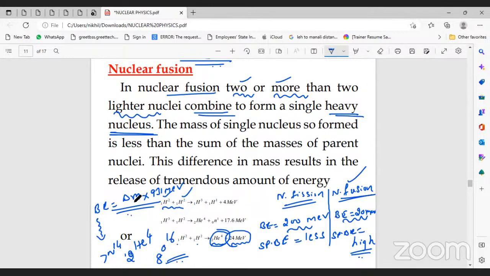For this, you must know how to calculate the binding energy and also the specific binding energy. When we are taking the problems, you will come to know how we are calculating the binding energy and specific binding energy for a given nuclei.